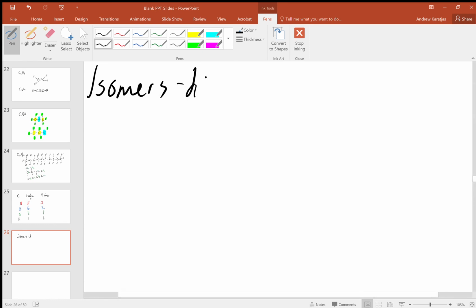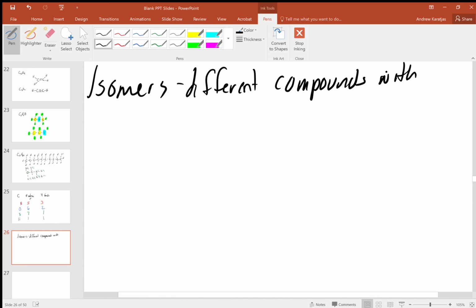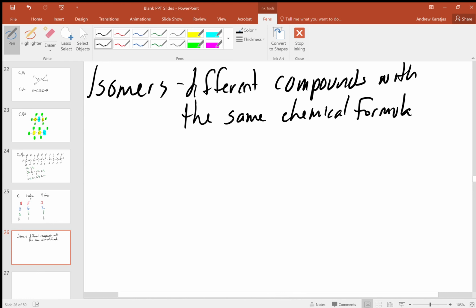Isomers are examples of different compounds with the same chemical formula. In other words, we have a different arrangement of the atoms within the molecule.